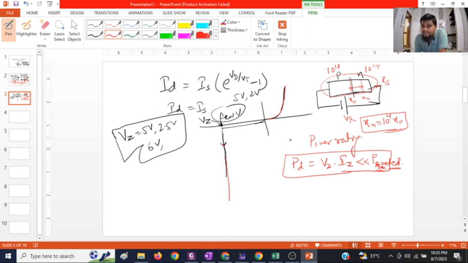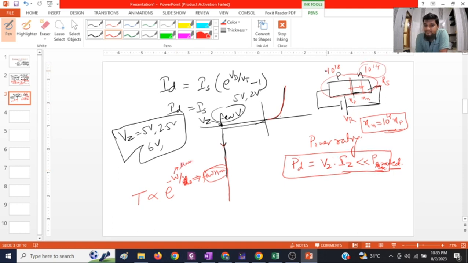And as this W increases, the tunneling probability T is proportional to e to the power minus W by some constant, let's assume lambda or D naught. Generally D naught is a few nanometers. So that will be very high, because this will become of the order of micrometers, even if one side is lightly doped.